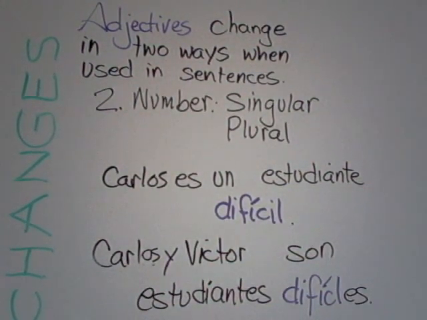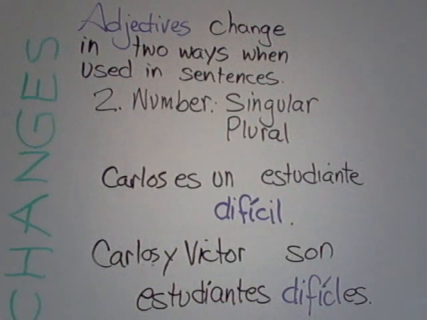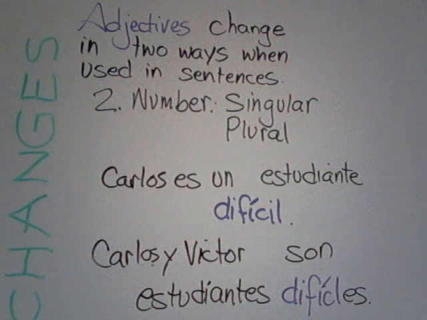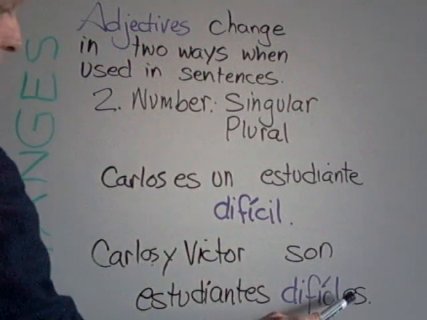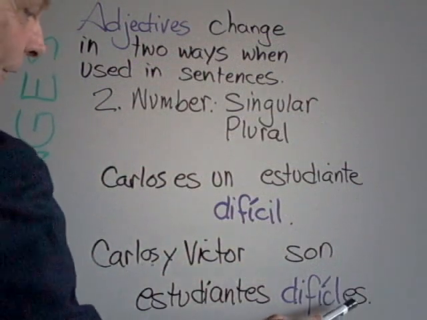Oh, but Carlos es un estudiante difícil. He is a difficult student. And Carlos y Victor son estudiantes difíciles. Notice difícil ends in an L. It ends in a consonant. And just like we discussed on the plural nouns, when you end in a consonant here, we can't just put an S on the end of it.